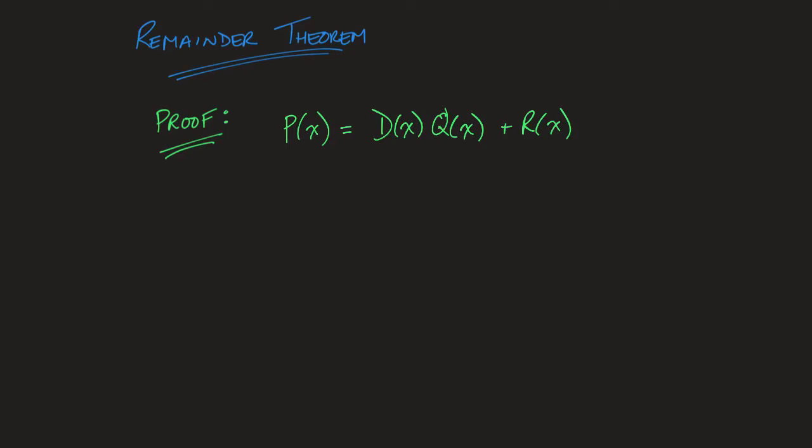Notice there is no statement about what P of x looks like, nor D, Q, or R of x. However, when you look back in the remainder theorem, you notice that there were some specifics. The specific was really that your divisor was always in the form x minus b.